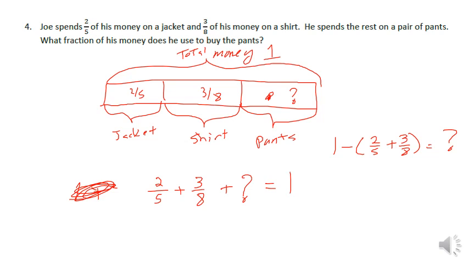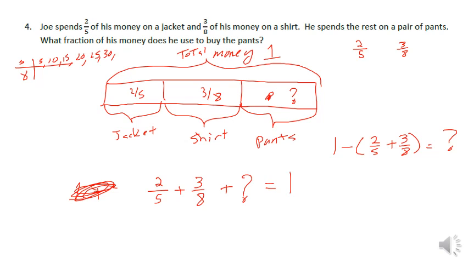Okay. So I have 2/5 and 3/8. Now, if I do my multiples, 5 and 8, I know I have 5, 10, 15, 20, 25, 30. Okay.